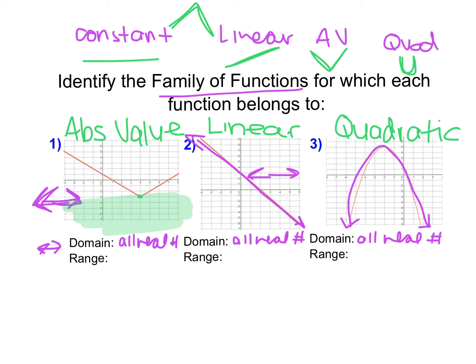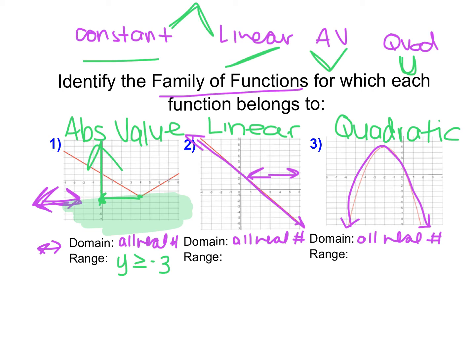Instead, it's only a specific subset of numbers. And if I look closely, what I notice is that my range starts at -3 and it goes up. It contains all of the values of y that are above -3. So my way of representing that is I write y must be greater than or equal to -3.